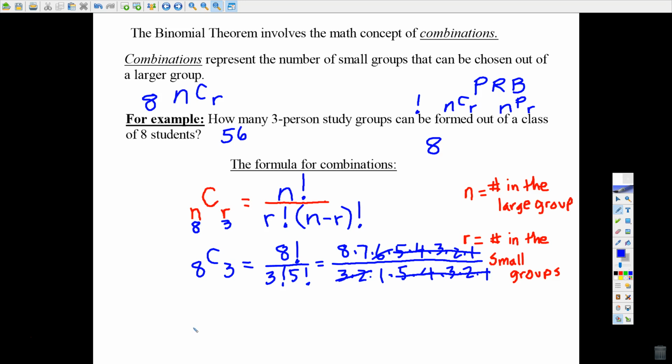Permutations are this: how many different ways, if I put all of you in a row up here to take a picture, like a single file line facing that wall, how many different ways can I arrange you for that picture? That's what a permutation is. But it's not involved in the binomial theorem, so I'm not going to cover that today, just so you know the difference.